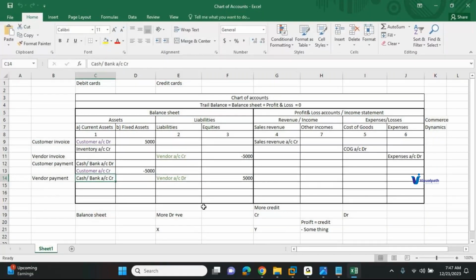Okay. So one is assets, two liabilities, three equities, four sales revenue or revenues, five cost of goods, six expenses, seven other incomes, eight appropriation.